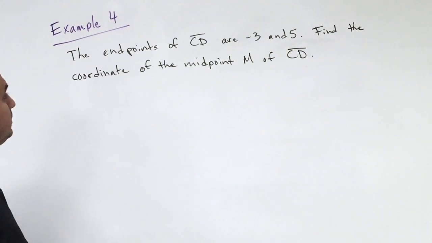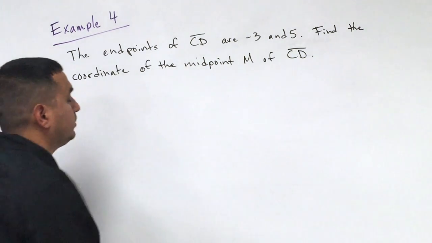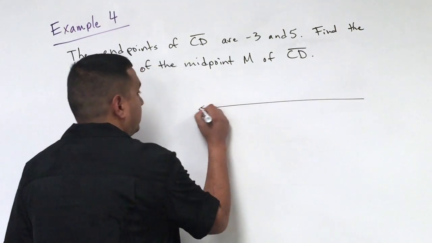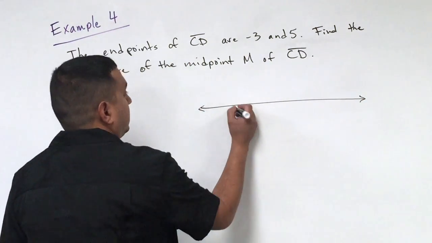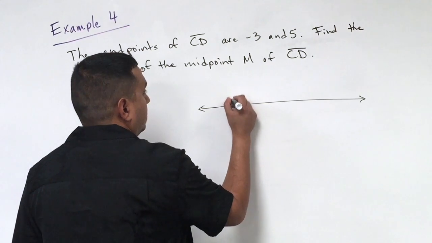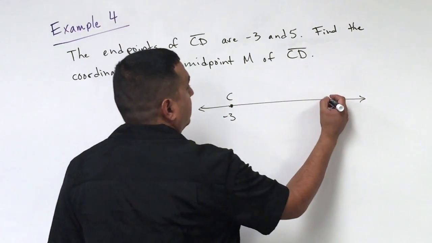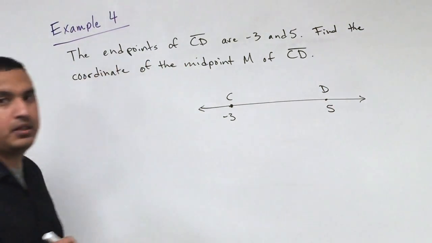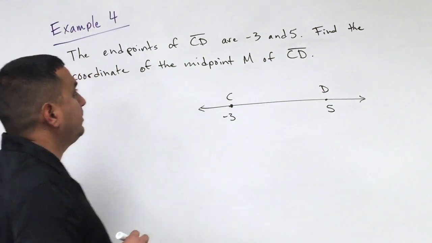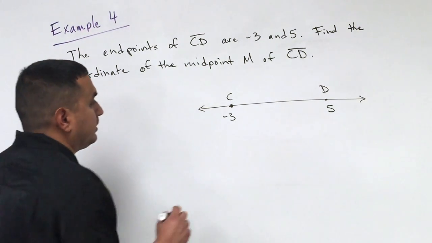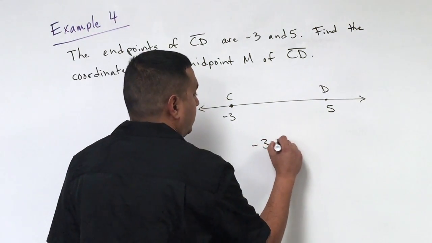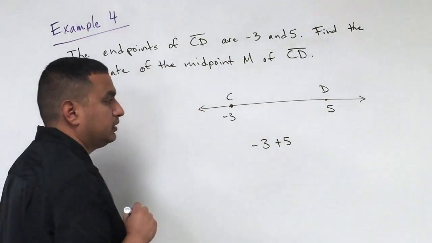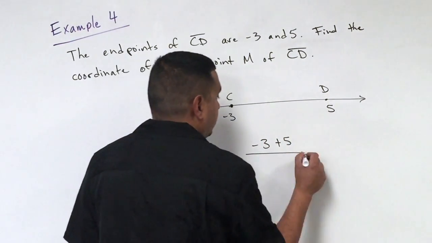Next problem says the endpoints of segment CD are -3 and 5, and we want to find the coordinate of the midpoint M of CD. So I have my number line here, and let's say that C is here, which is -3, and D is over here, that's 5. Okay, what I want to do to find the midpoint is I'm going to take the -3 and add the 5, and then I'm going to divide that by 2.